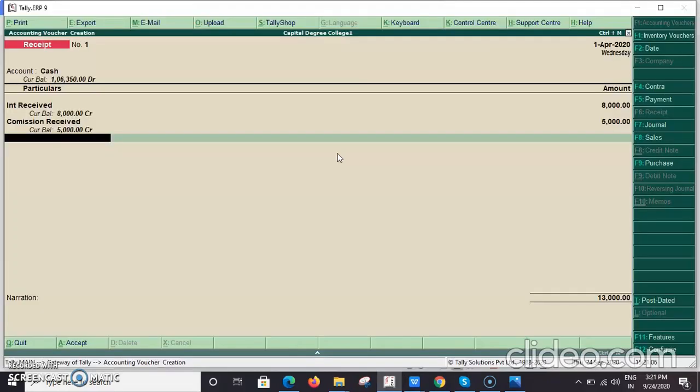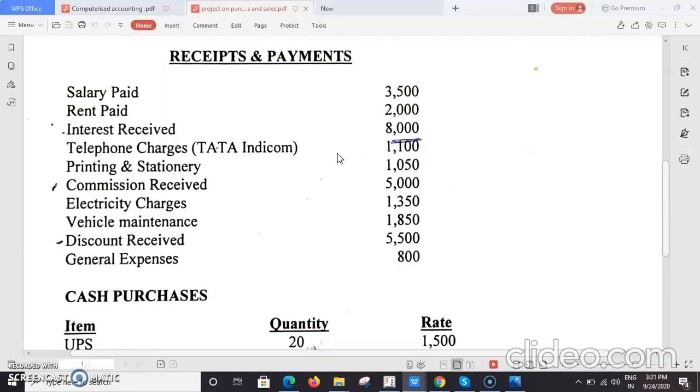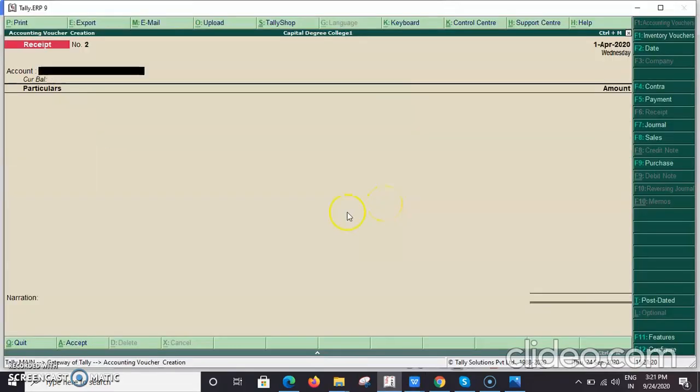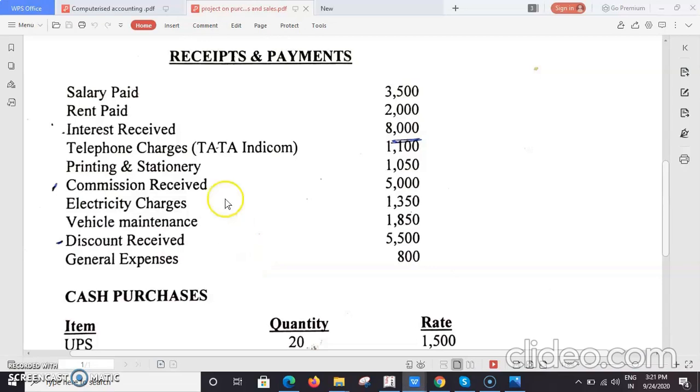Next, discount received, 5,500. So 8,000, 5,000, and 5,500, these are the incomes. Now next we have to enter purchases and sales.